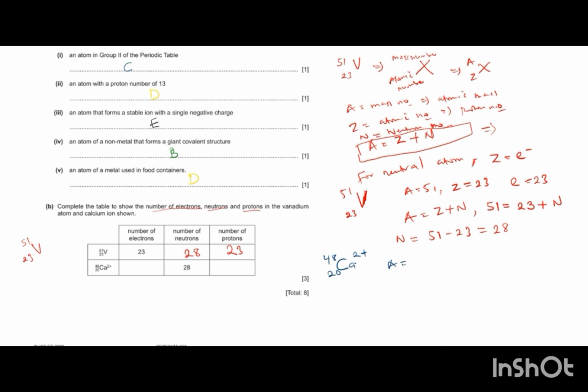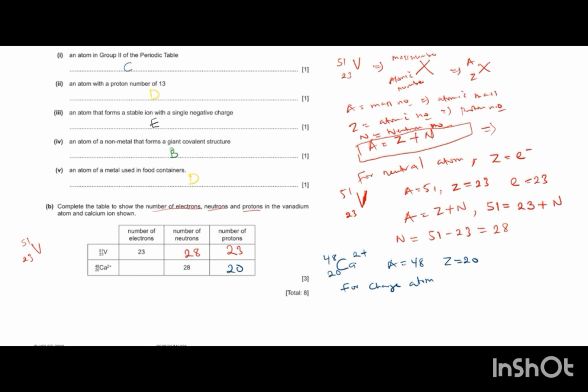This is very delicate, because here the proton number is 20, since proton number is the same as atomic number. But the number of electrons will be different for a charged ion. So I will now use another formula for the number of electrons for a charged atom. When they say something is charged, it has a positive or negative charge on its atom, like calcium with 2 plus, or fluorine with minus 1.